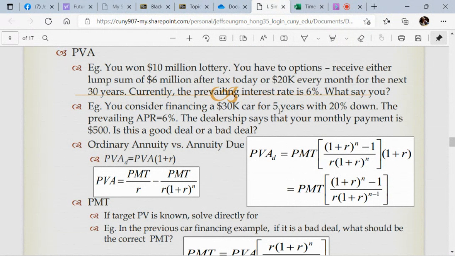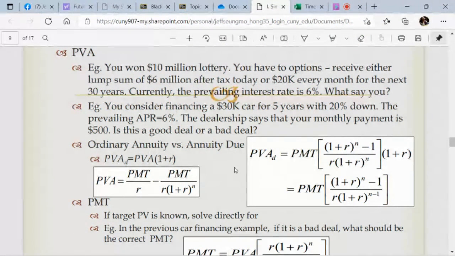It doesn't even happen once in a lifetime, right? But in reality, it's not the case of lottery.